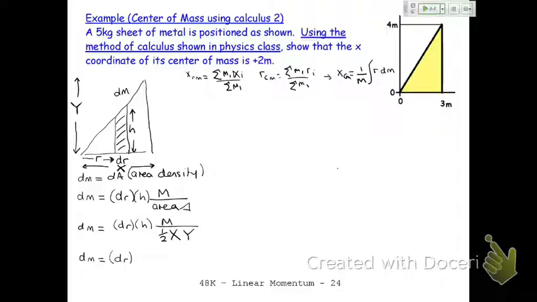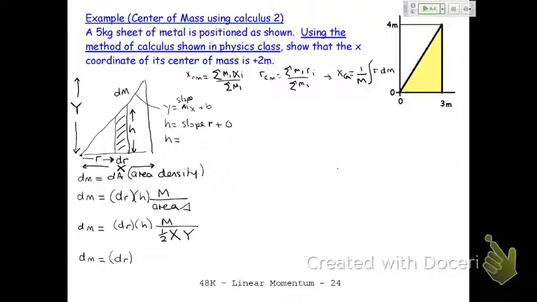So I look over here and I go, oh, this is like y is equal to mx plus b. That's just an equation for that line, isn't it? So h is equal to the slope. Yeah, I should call it slope, shouldn't I? Because m's been used. Slope times r plus, and what does it go through? 0.